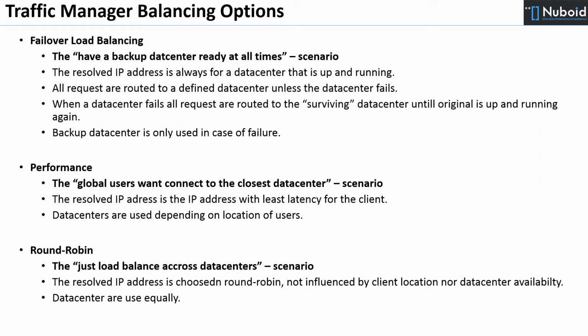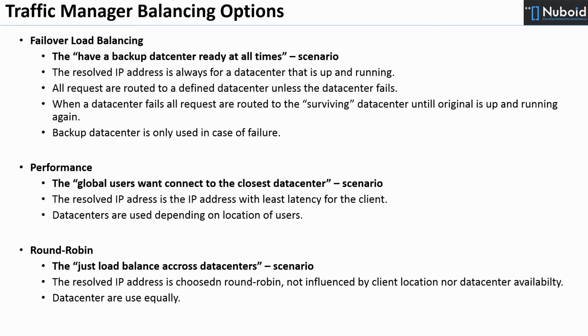And the system will just give an IP address to the customer, to the client, which is, in terms of latency, the closest data center possible. So if you're browsing from Europe and your backend machine is hosted in the US and also hosted in Europe, it will give the IP address of the closest data center.